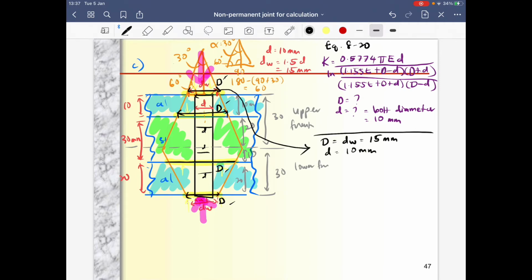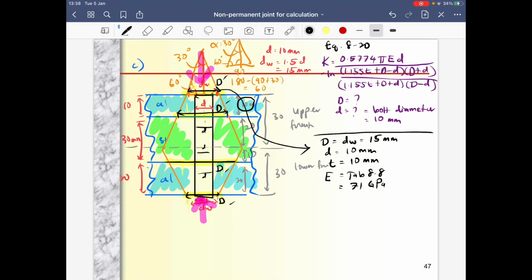How about the thickness? According to the size in the frustum. So the upper frustum for aluminium is 10 mm. How about the modulus? The modulus for aluminium, we can refer to table 8.8. Okay, so it is 71 GPa. What else do we need for this equation?